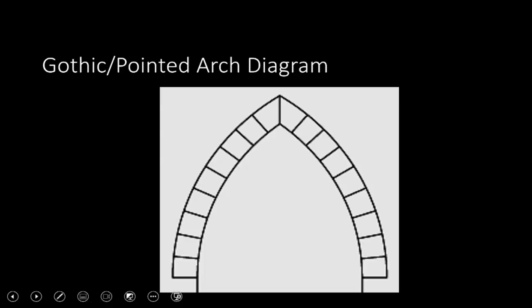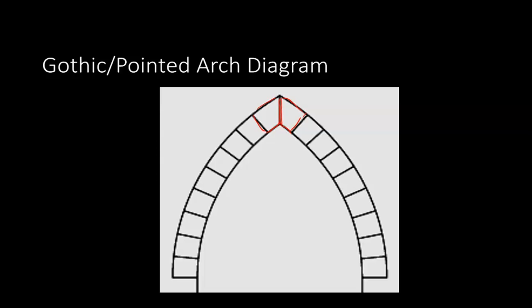So there's the diagram, and like I was saying, you can see the fact that there's not a single keystone. There are these two stones leaning together that serve essentially a similar function to the keystone.